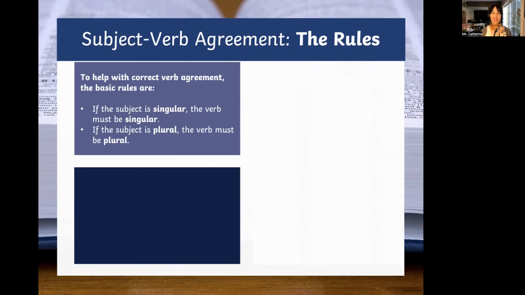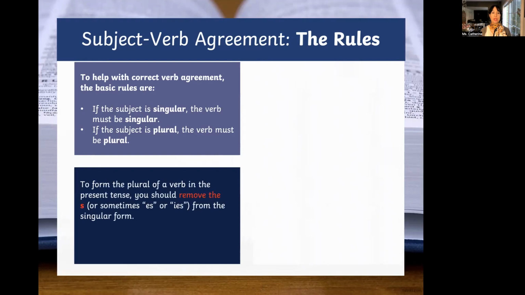So singular for singular and plural for plural. Subject, verb. They must agree. To form the plural of a verb in the present tense, you should remove the S or sometimes ES or IES from the singular form.